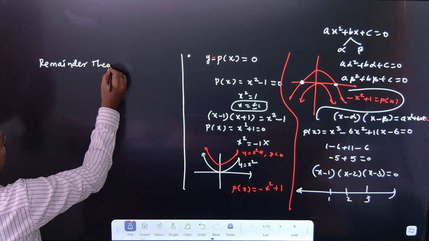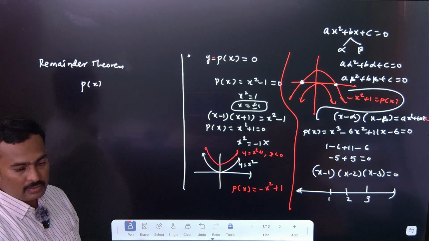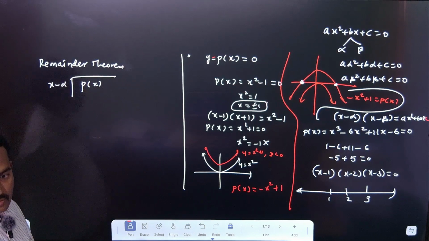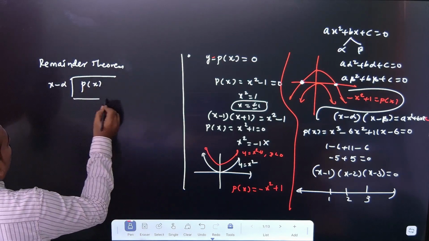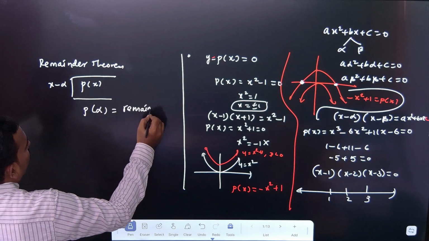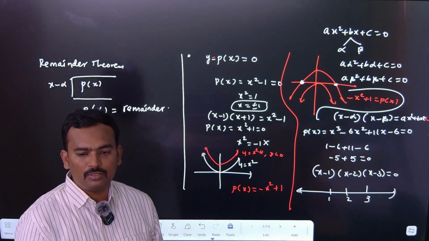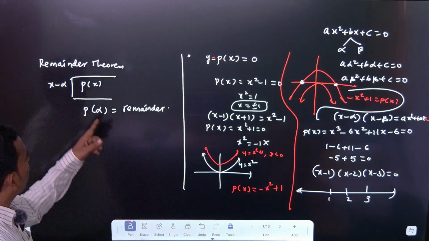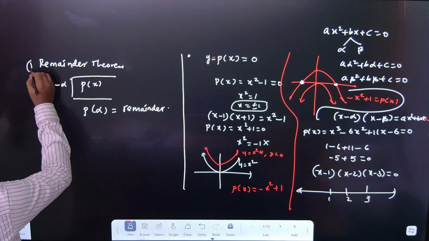Remainder theorem: if you have a polynomial p of x, right, when you divide it by the linear factor x minus alpha, then we can find p of alpha is the remainder. But how can we check this? You know that dividend equals divisor into quotient plus remainder. You can use this idea. You can find p of alpha is the remainder. Okay. Then the second one, factor theorem.